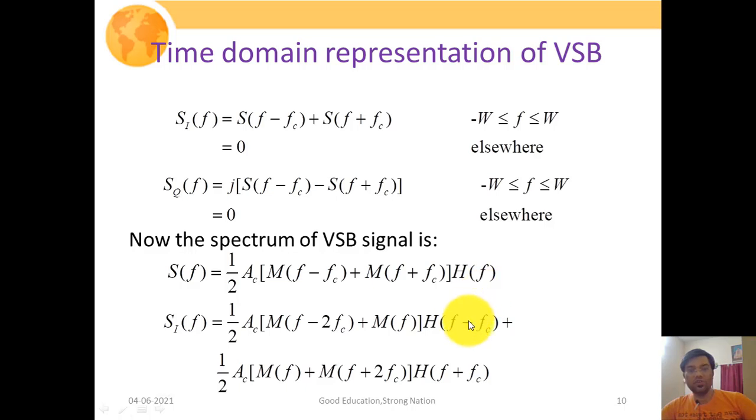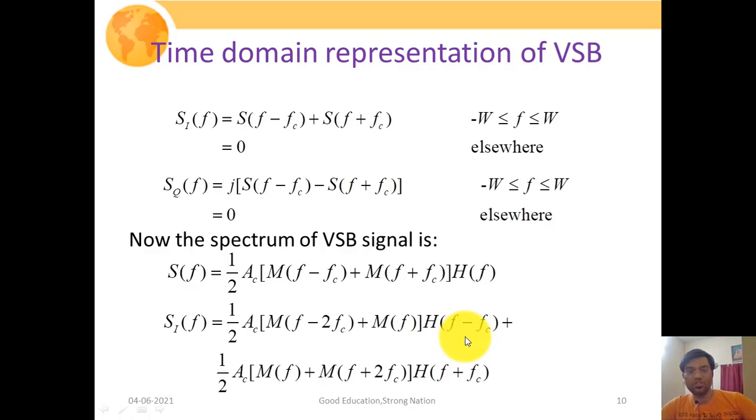Since cos of 2 pi fc t can also be written as e to the power j 2 pi fc t plus e to the power minus j 2 pi fc t, divided by 2, after multiplication with that exponential part we get these four terms. Just check this one and this one.